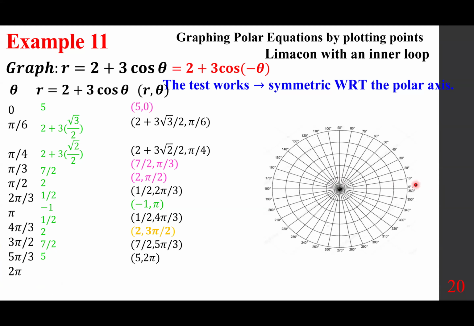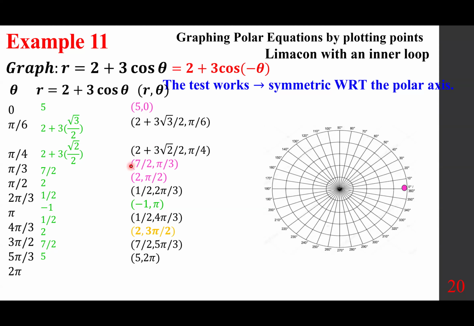So 0, 5. So that means 0 degrees and go 5 tick marks, 5, 0. Okay. This is easy.